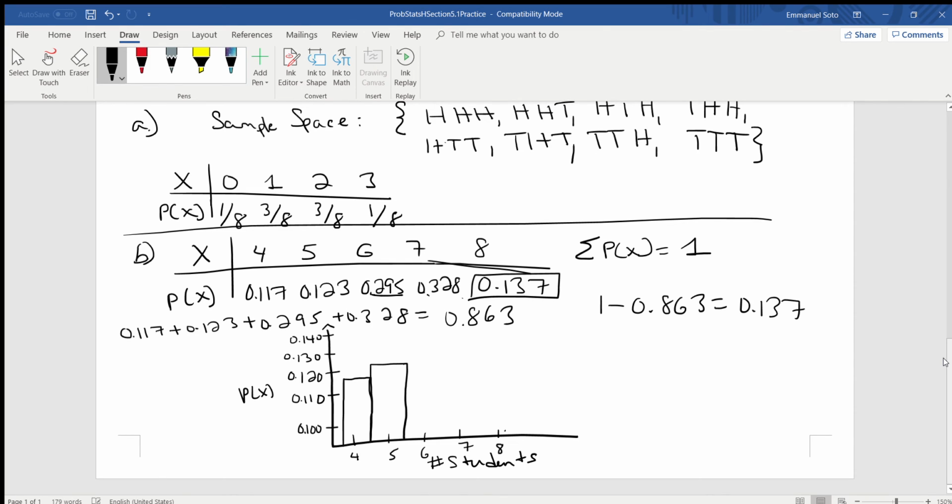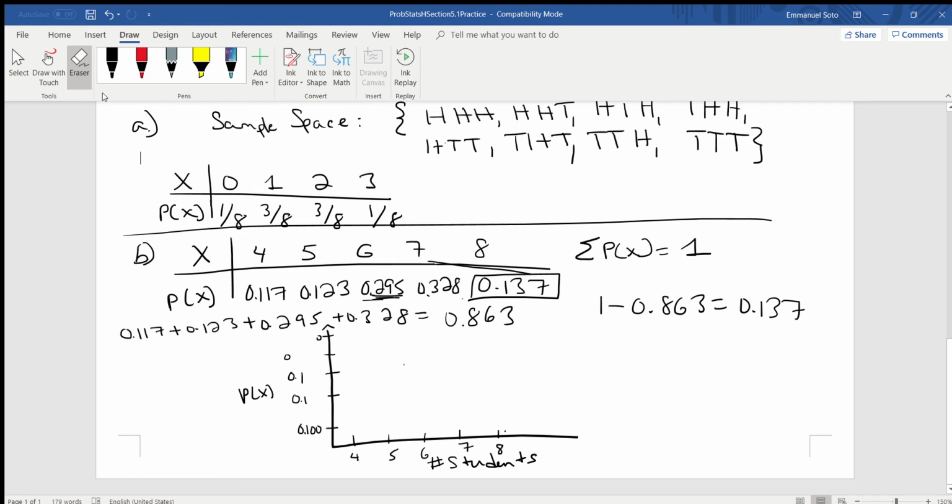Ooh, I didn't even see the 0.295, so in this case we need a bigger set of numbers here. I didn't even see that. Okay, so we need to reassess here. So we need to go from 0.1 to 0.3 almost. So therefore, what I'm going to do is I'm going to start maybe at 0.1 and then maybe go by 0.15, 0.2, 0.25, 0.3. That would work. So I can go by 0.05s.